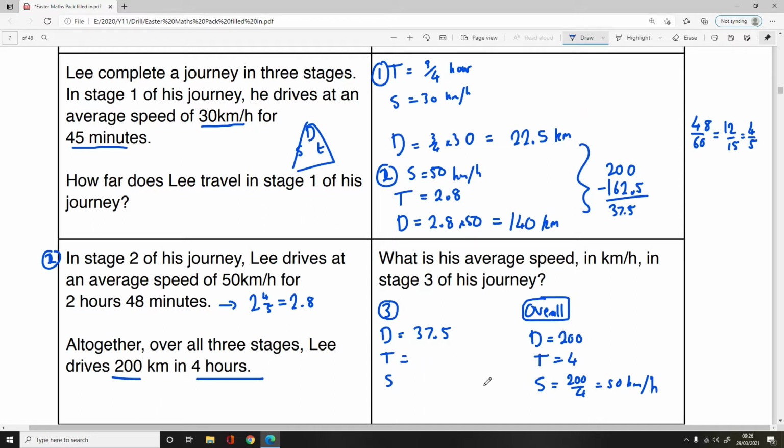The time is going to be 4 hours, take away the 2.8 hours from stage 2 and the 0.75 hours from stage 1, and that will give us 0.45 hours. I think it's about 27 minutes if you were to do it that way, but decimals work fine. So average speed would be distance 37.5 over time 0.45.